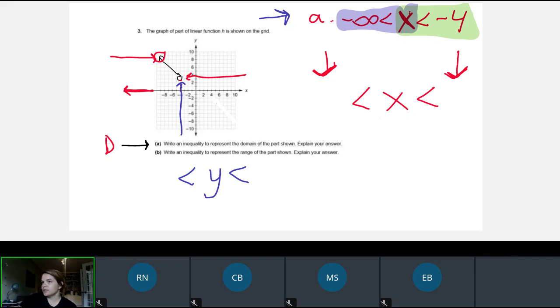I come to this point, which is at the Y value of 3, and it's an open circle. Then I'm going to come at it from the top. This is where I hit my point. It is an arrow. So if I'm going to the top, this is Y values. It's going up. That's going to go to positive infinity.